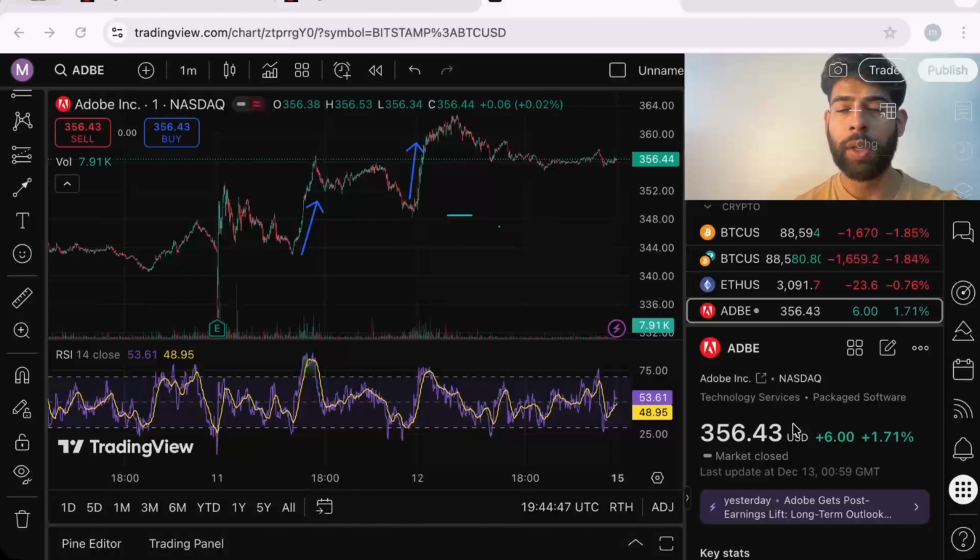The other thing as well, on Friday, the stock market sort of tanked based off Broadcom's earnings, with AI concerns, bubble concerns again. However, Adobe actually held up, so it was still up 1.7%, although the broader market, the indexes, were down.